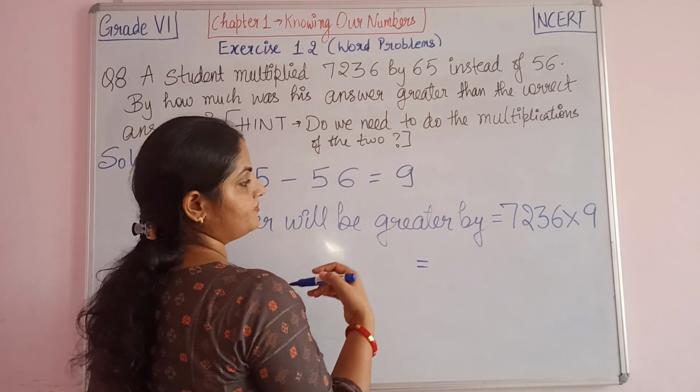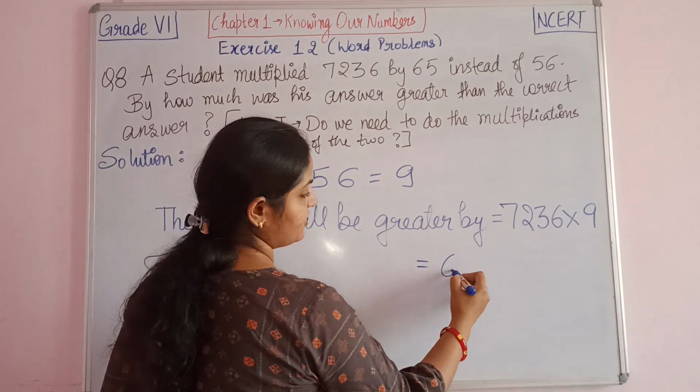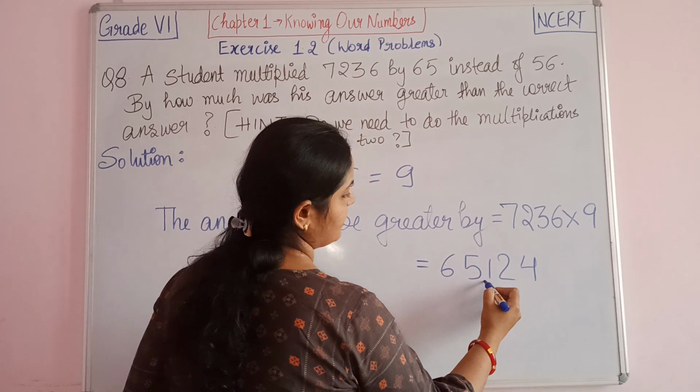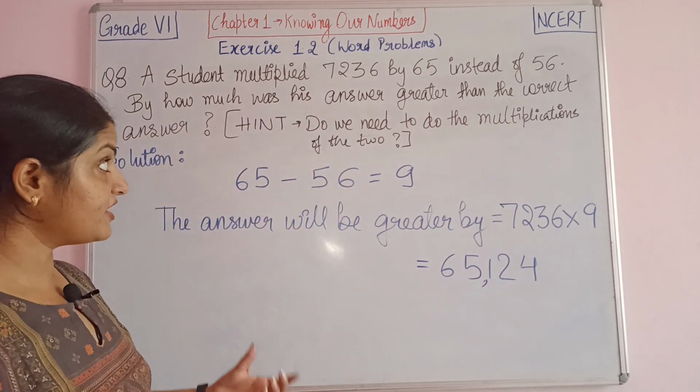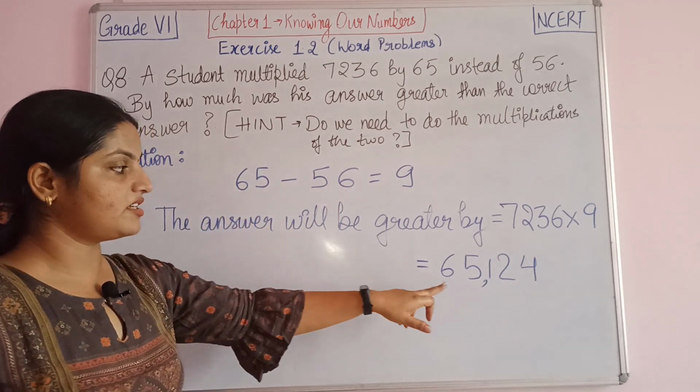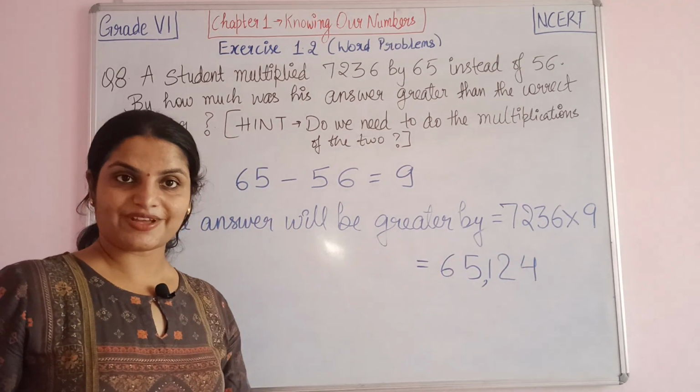So the multiplication will be simply 65124. So we can simply say that the difference between the correct answer and the wrong answer is 65124. I hope it's clear.